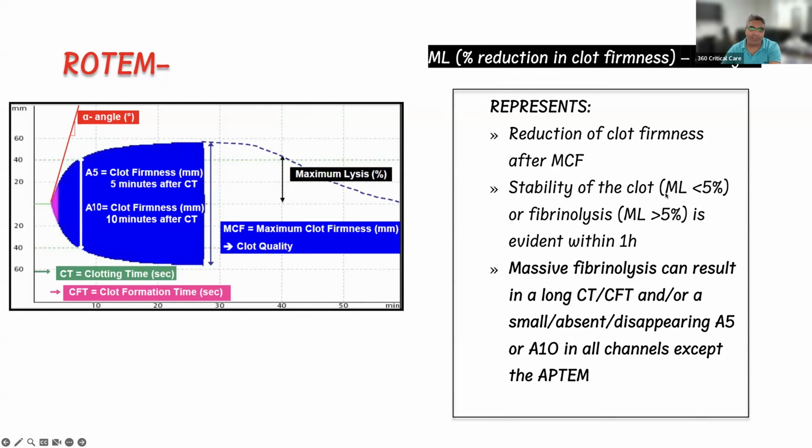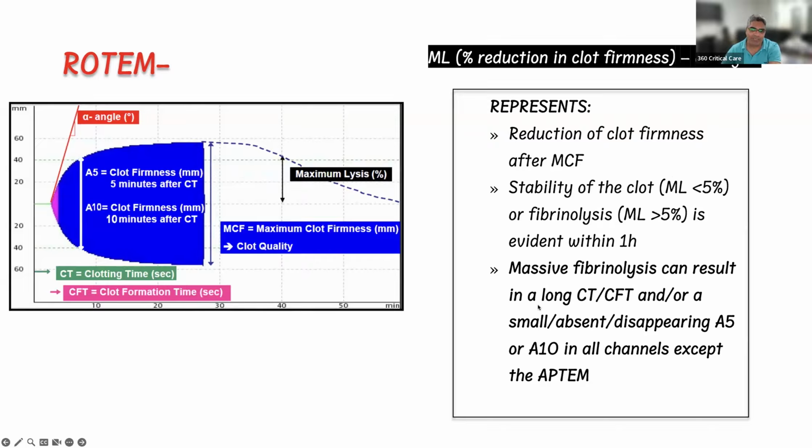Stability of the clot: if maximum lysis is less than 5% at the measurement time, this is normal. But if the ML is more than 5% at or within 1 hour, then it is a sign of fibrinolysis.